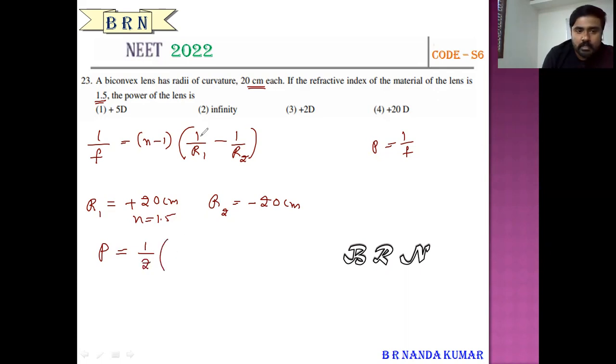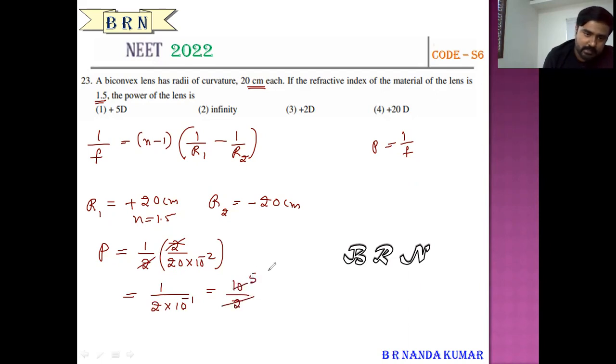So this is 1/20 minus (minus 1/20), which becomes 2/20, correct? 2/20 into 10 power minus 2. So the 2 cancels, and we get 1 divided by 2 into 10 power minus 2; shifting 10 power minus 1, we get 10 by 2, which is 5.